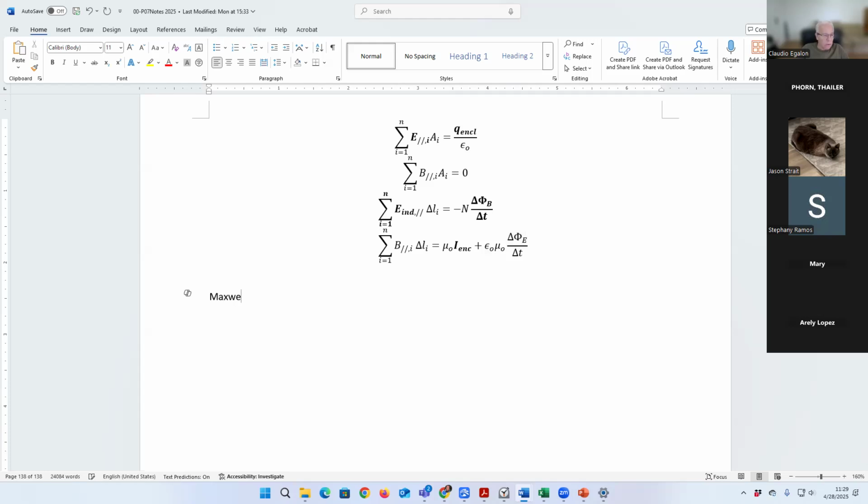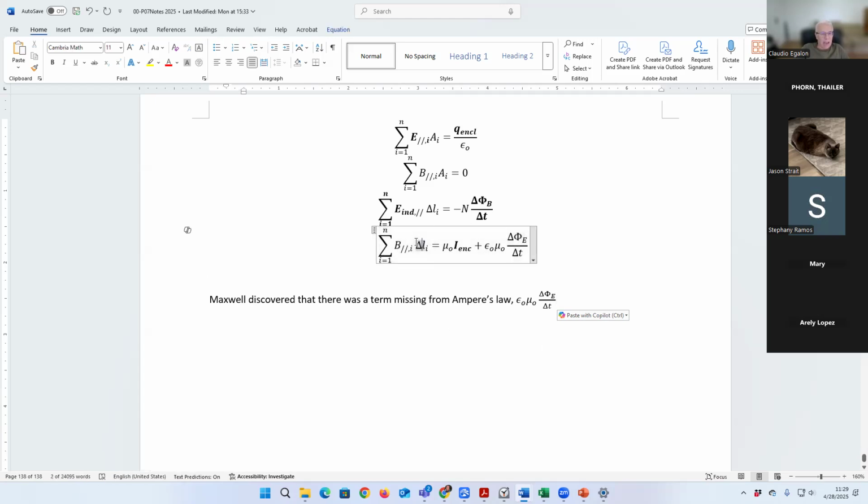Maxwell discovered that there was a term missing from Ampere's law. That was the term. And now we do have that a changing electric flux can also induce a magnetic field, just like a changing magnetic flux induces an electric field.